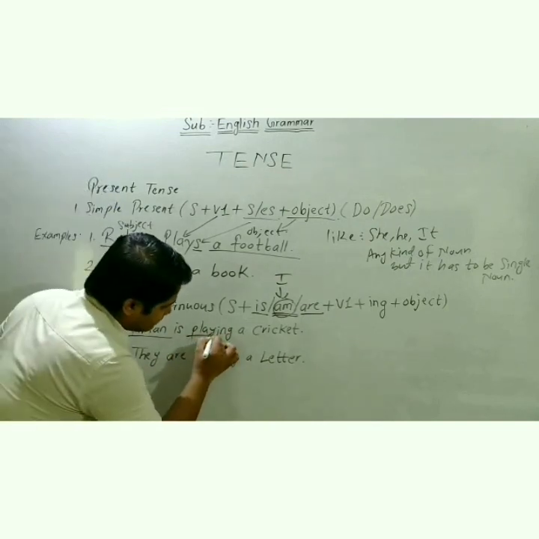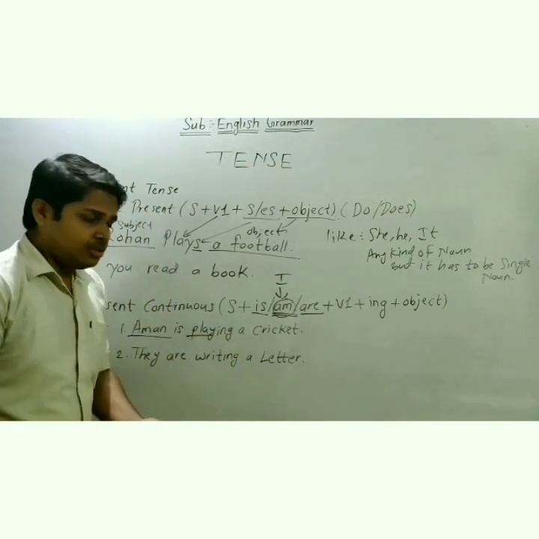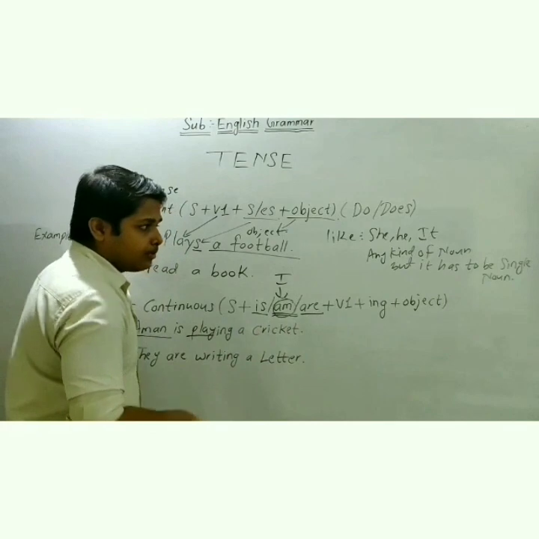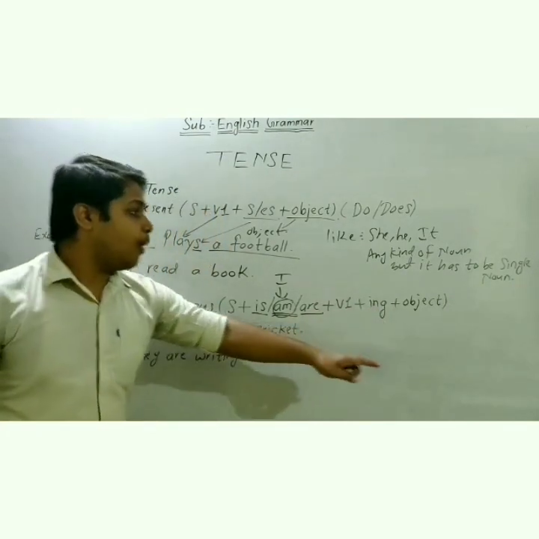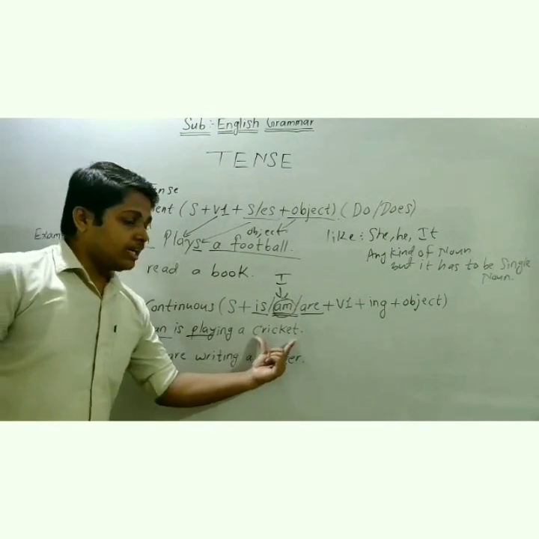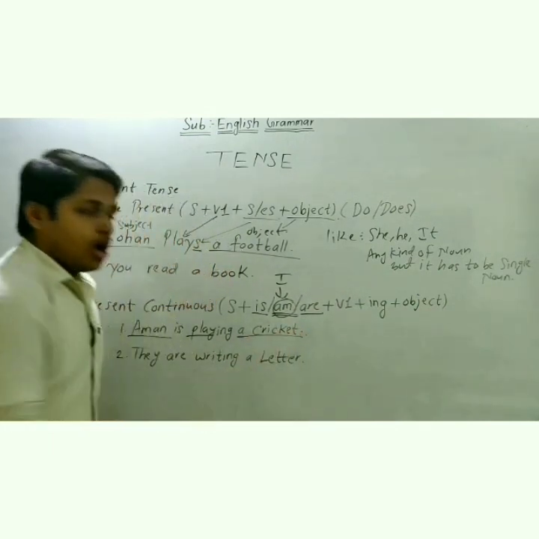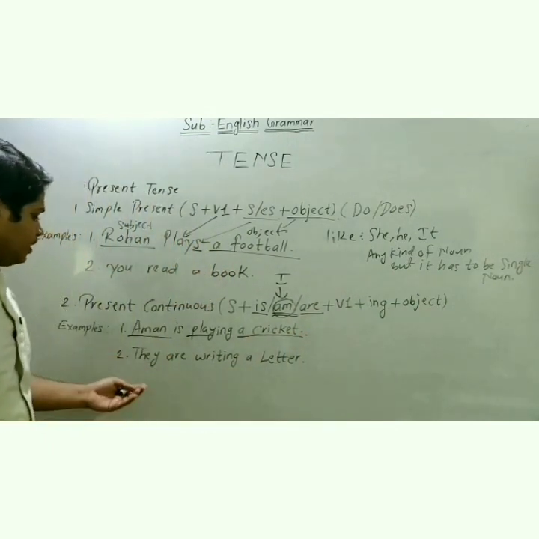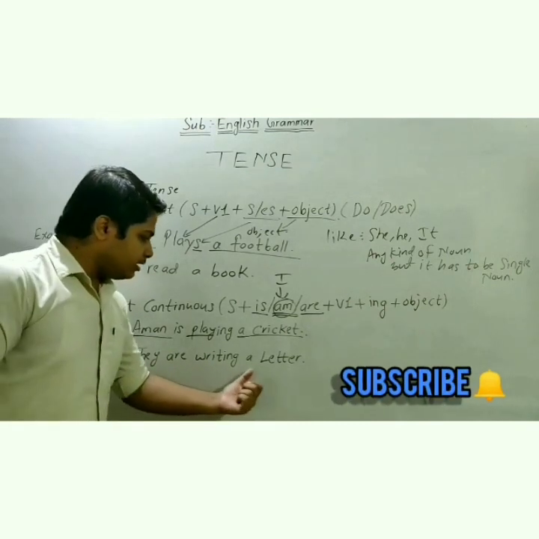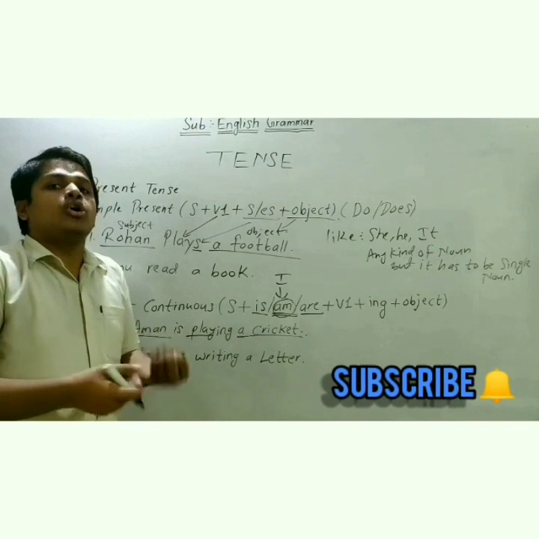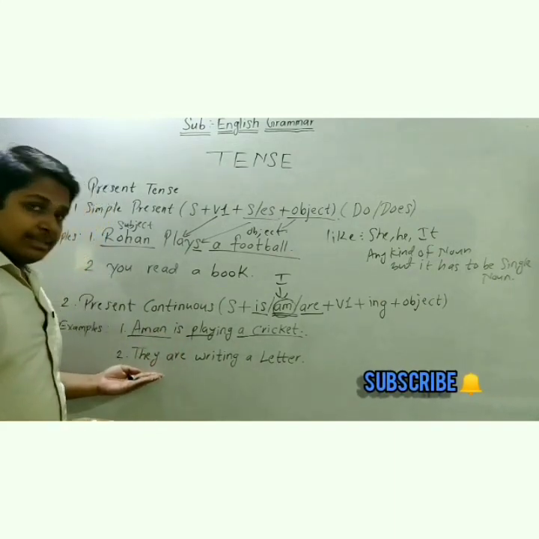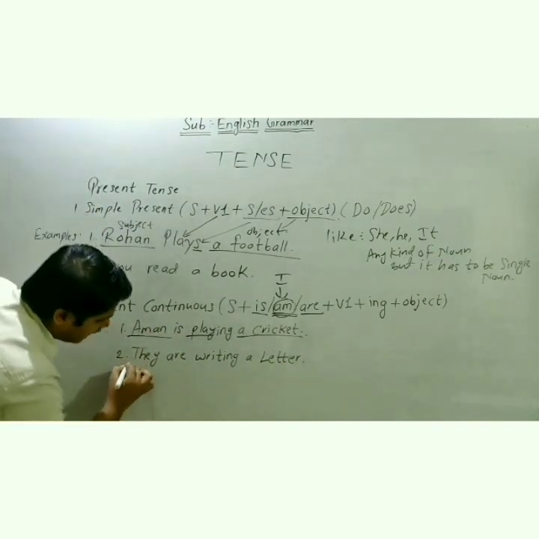Play is a verb, it is the action. According to the formula, verb plus ing, that is playing. And the object is cricket. So, the second example: they are writing a letter. Here "they" means many people are there. That's why we are using this kind of subject, they.